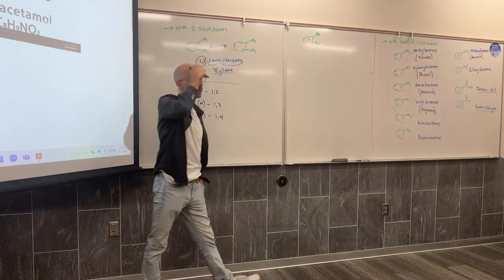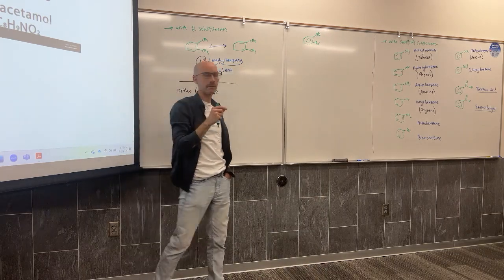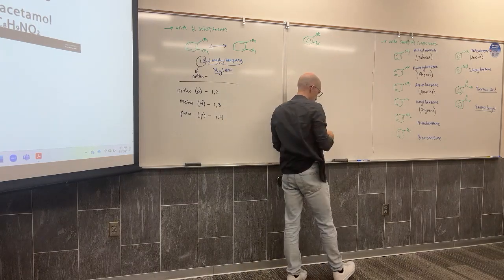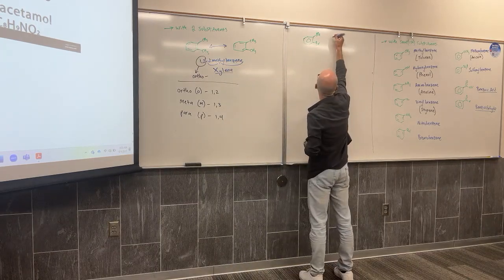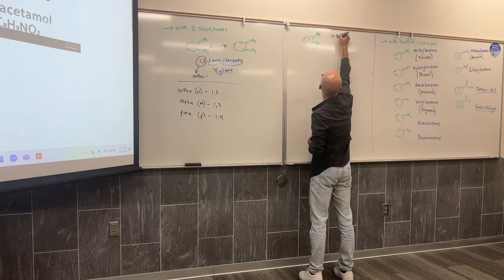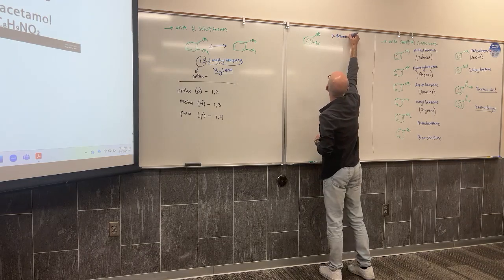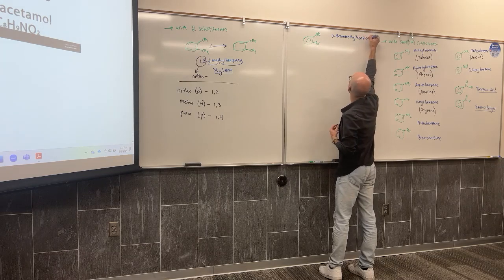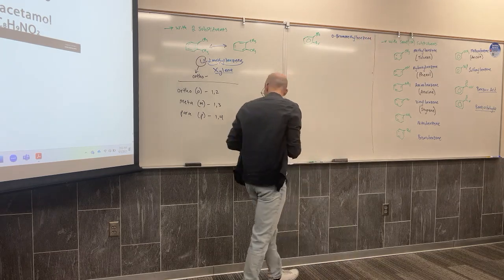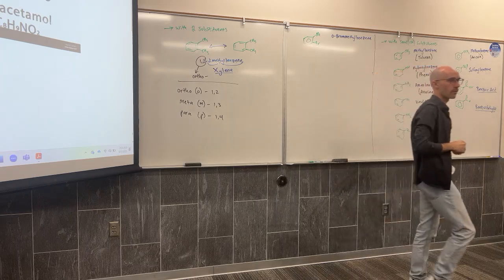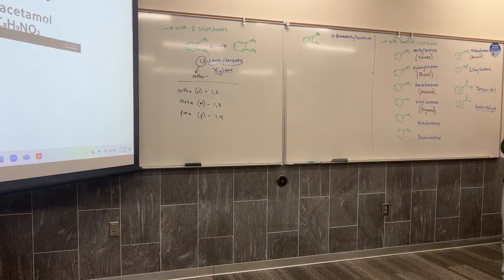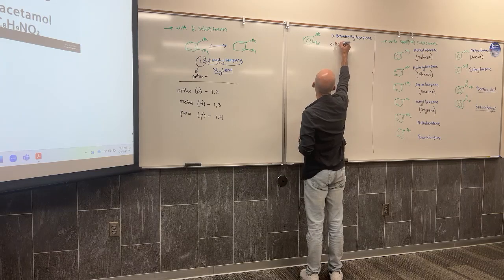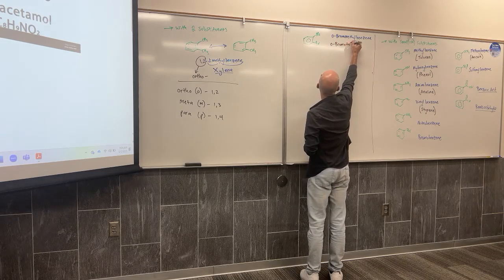I'm abbreviating the CH3 there as Me for methyl. This compound can be called ortho-bromomethylbenzene, which is IUPAC. Or it can be called ortho-bromotoluene.